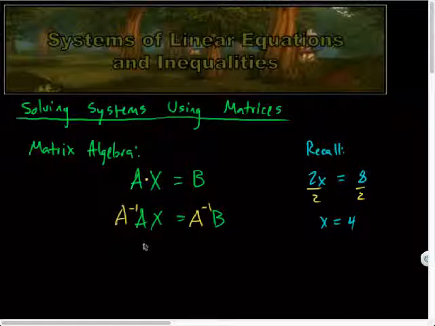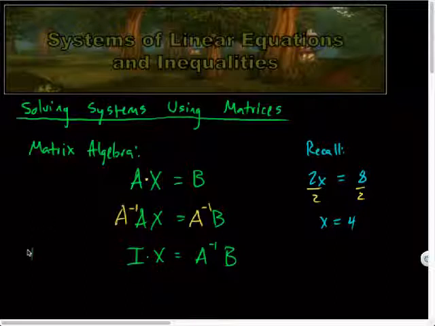What happens when I multiply a matrix by its inverse? I get what? 0? No, the identity matrix. So I'll call that matrix I. Matrix I is the identity.